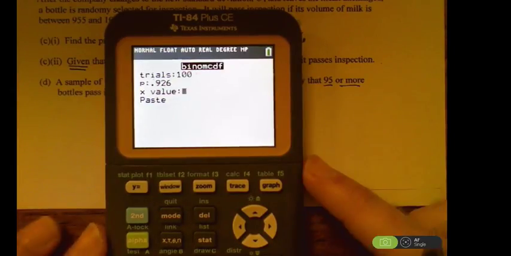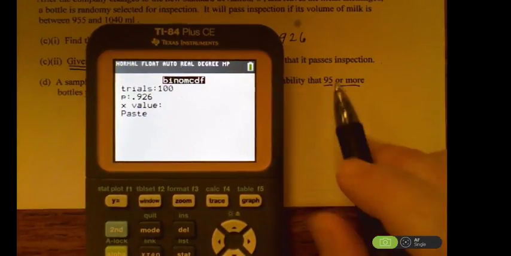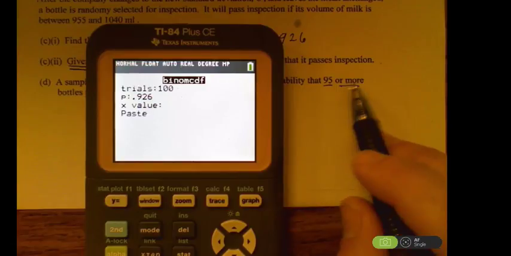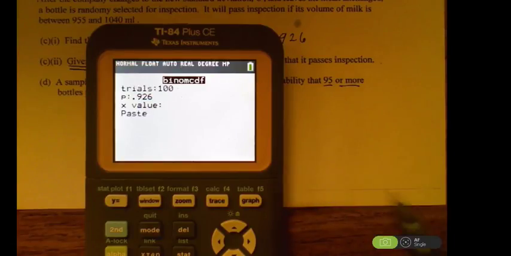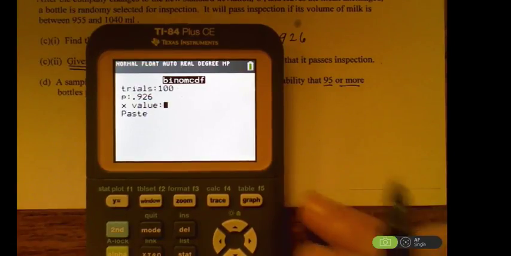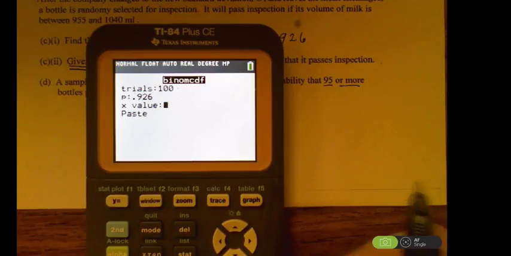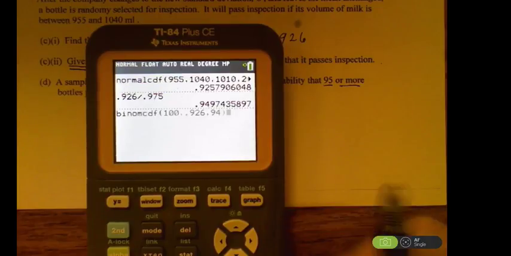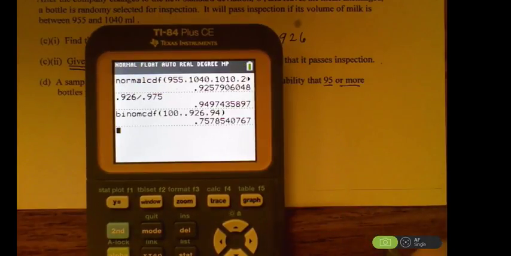And in this case, remember what we just talked about. This was 95 or more, so the 95 was included in this upper area of the graph. So we need everything below that. So we're going from 0 to 94 to get that part of the answer.